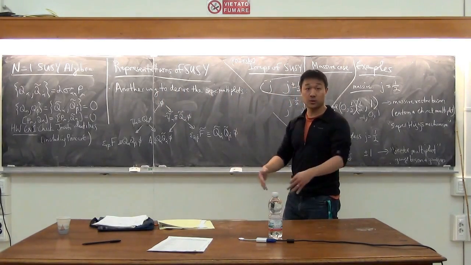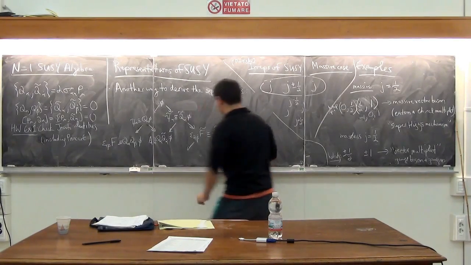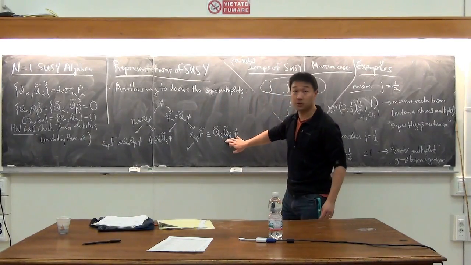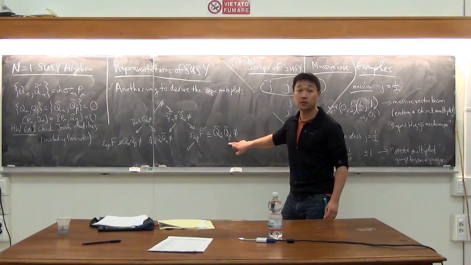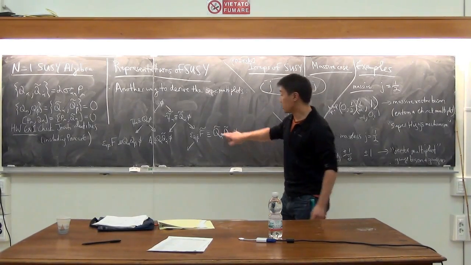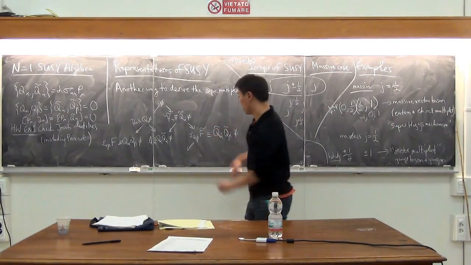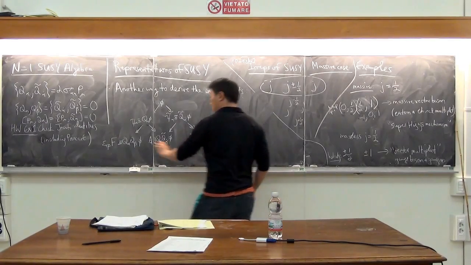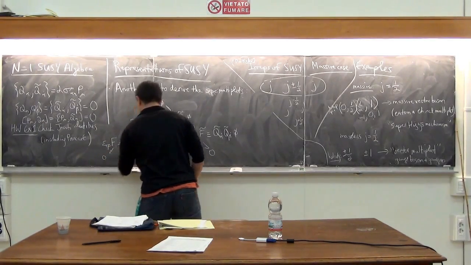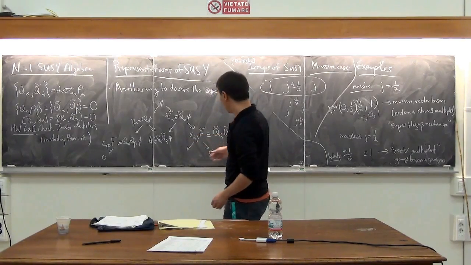If I continue in this way, dropping total derivatives, first of all, I can't act again with Q tilde, I've used them all up, by the antisymmetry. This thing is Q squared, Q tilde squared, and I've already used all of them up after that. So acting any further will give me 0.